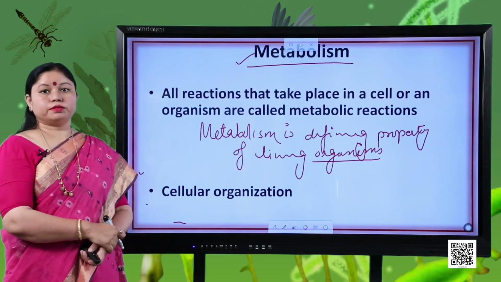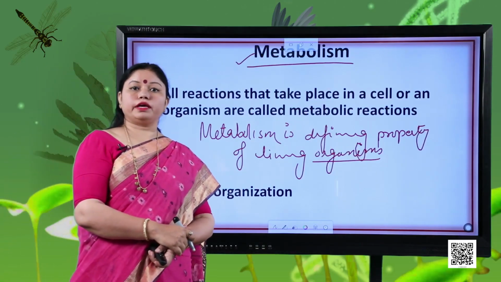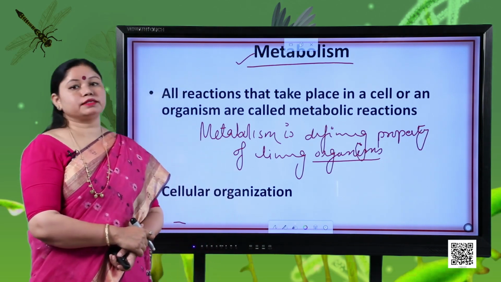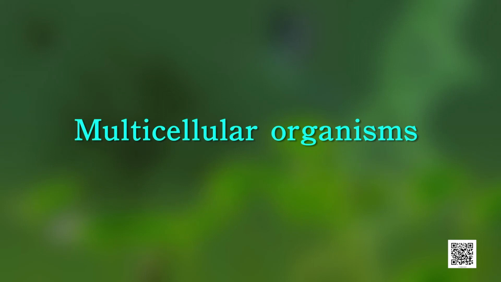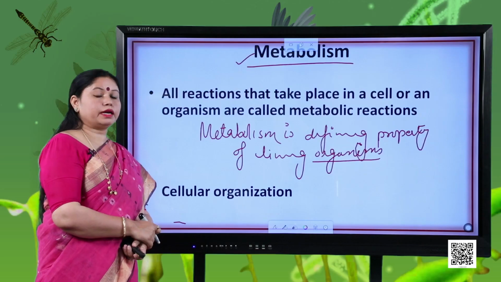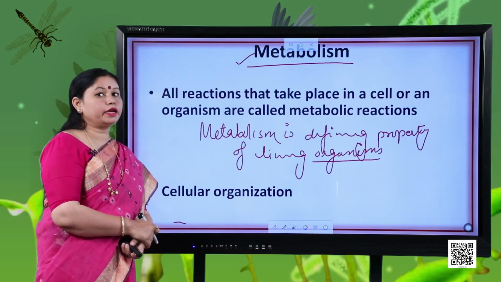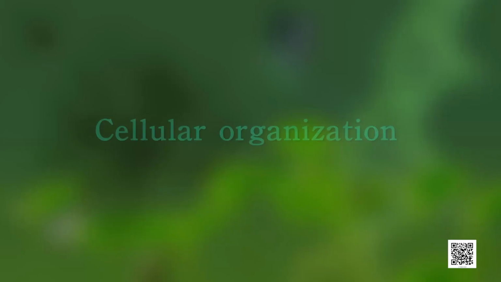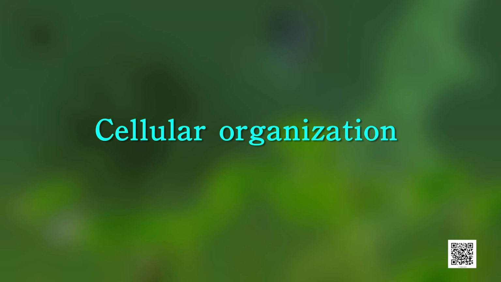For this metabolism to take place, the organism's body must be constituted of at least a single cell. There can be multicellular organisms, but at least one cell is required for life to sustain. Therefore, cellular organization is another defining property of living forms.